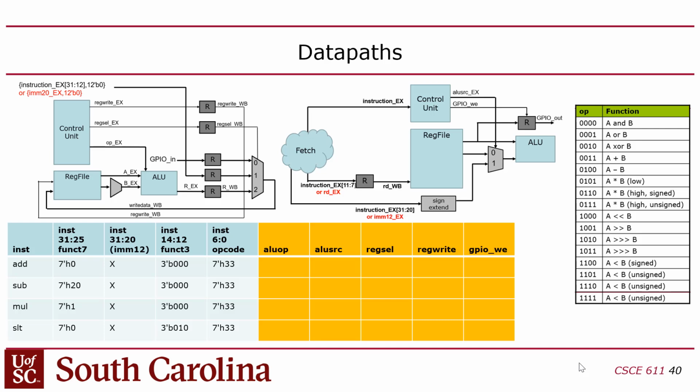Well, you have to look at funct7. You could ignore the immediate because add doesn't even have an immediate, so that's a don't care. I put an X there. Then funct3 is 0, and the opcode is 33.